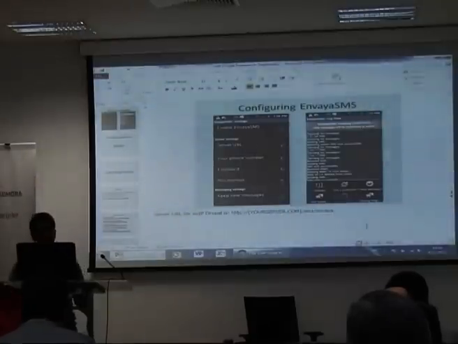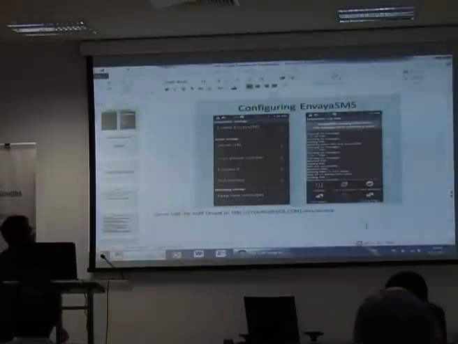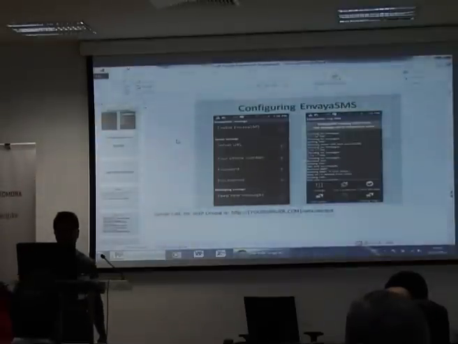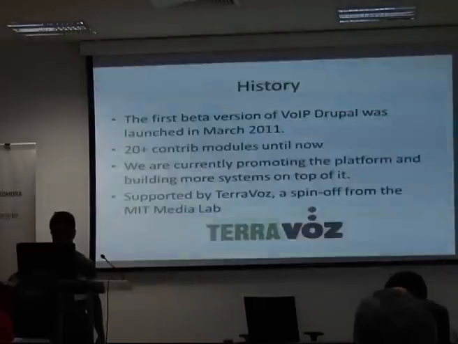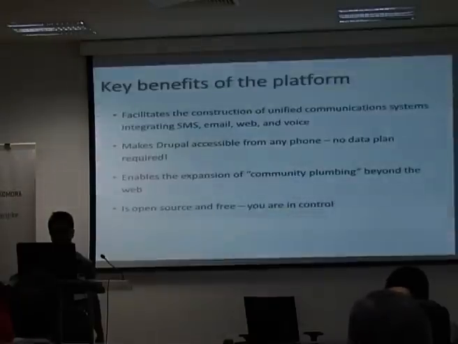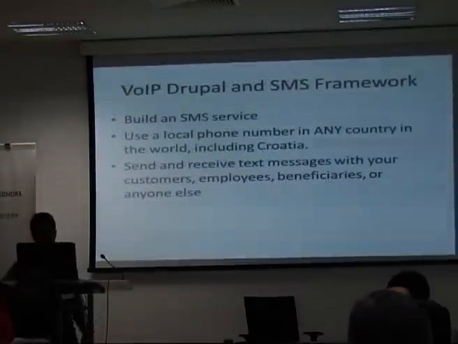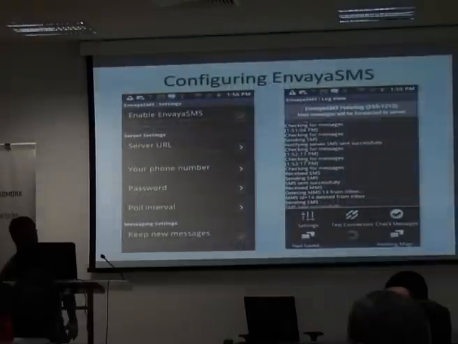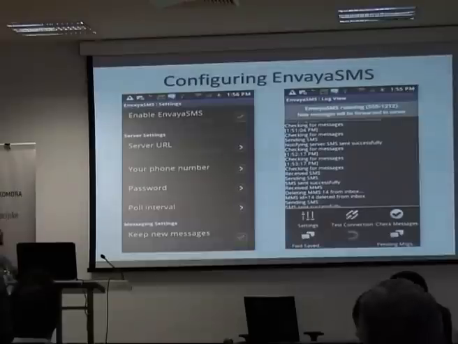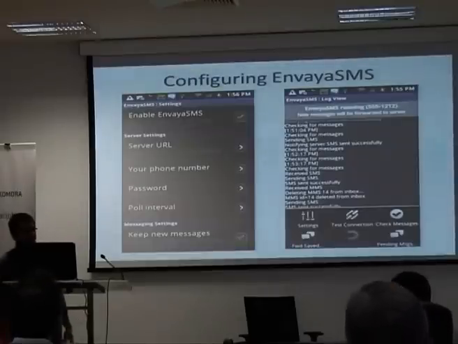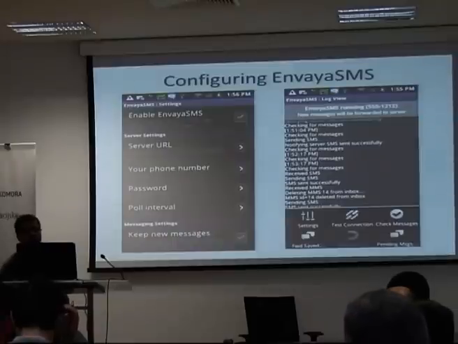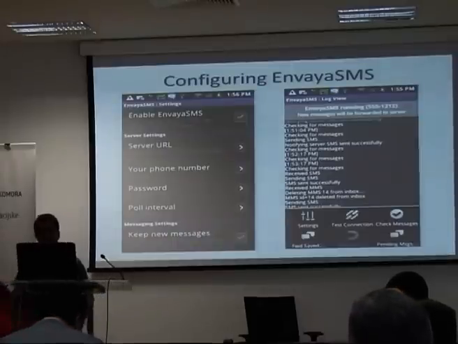This would be the exact path to make it work with VoIP Drupal. So you just enter that server URL, you enter the phone number, which is your local phone number on the mobile, and you enter the password. The password is used for the authentication between this application and VoIP Drupal.